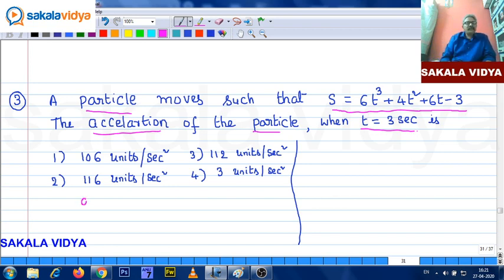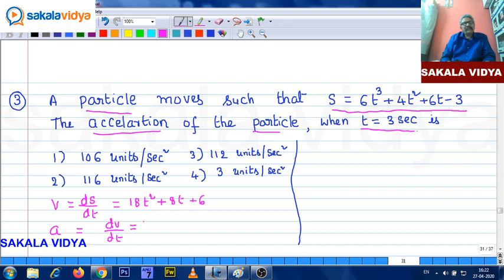So, ds by dt is the rate of change of displacement, that is the velocity, equals 6t cube differentiated, so 18t square, plus 4t square differentiated, that is 8t, plus 6. Next the acceleration is dv by dt.